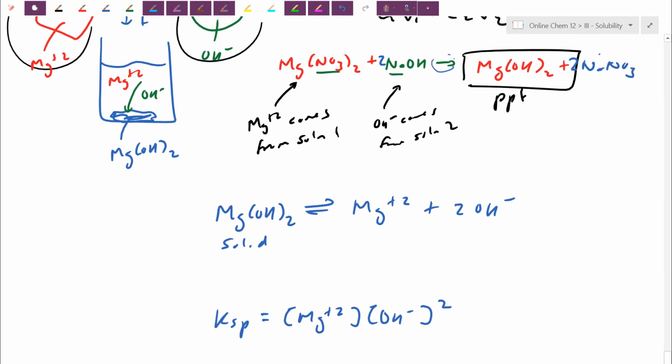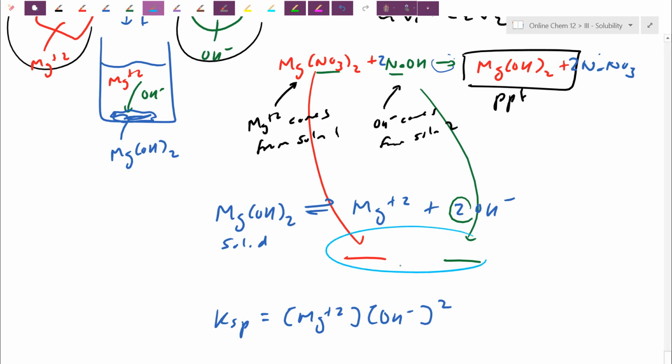But in this case, I want to just imply to you the magnesium will be some number, the hydroxide will be some number. They will be regardless of this 2 here. They came from 2 totally different solutions. Sure, I need to do a dilution and a mixing question here, but they're not necessarily going to follow mole ratios.